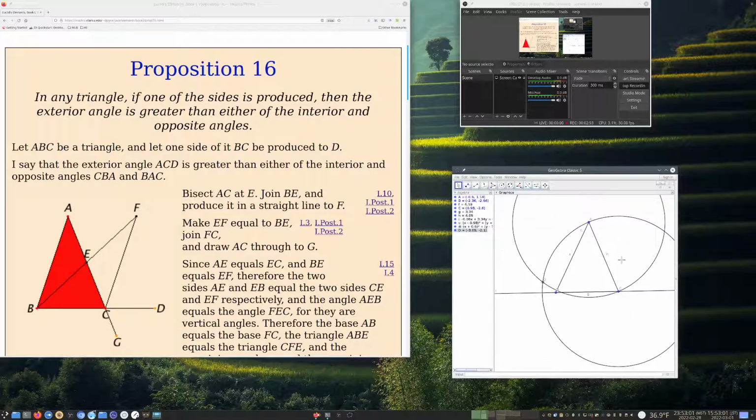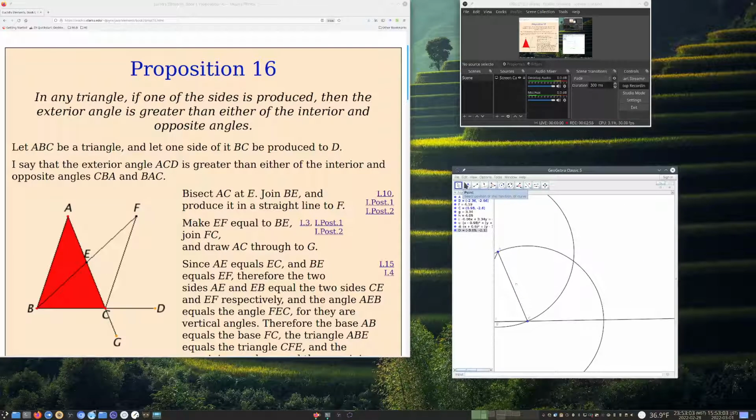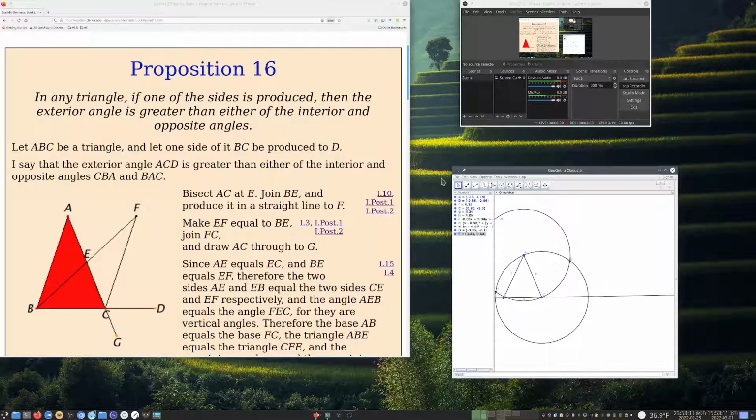Sometimes it constructs it in a stupid place. Okay, perfect. And then we want this segment here, and that'll give us the bisection.